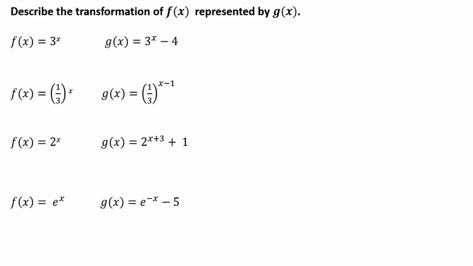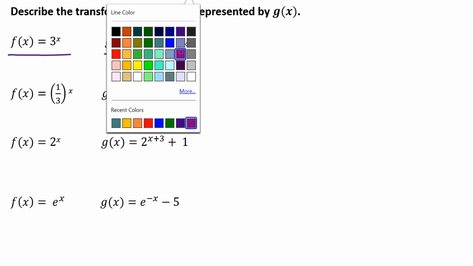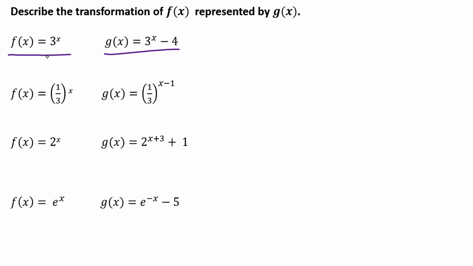Okay, so what's going to happen now is I'm going to give you an original, and I'm going to give you a transformed one, and you have to tell me how it's transformed. So we look at that. I go, okay, originally it was just the 3 with the little x. Now I've subtracted 4 outside.